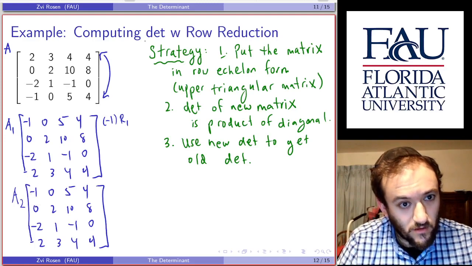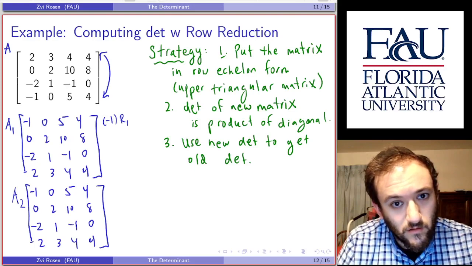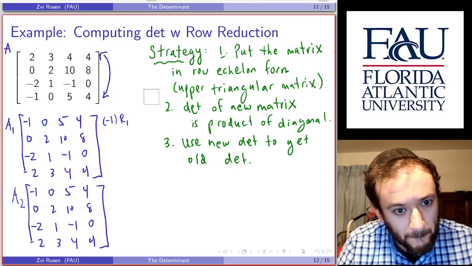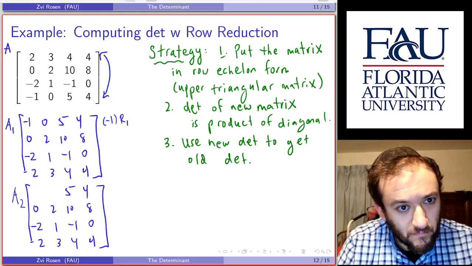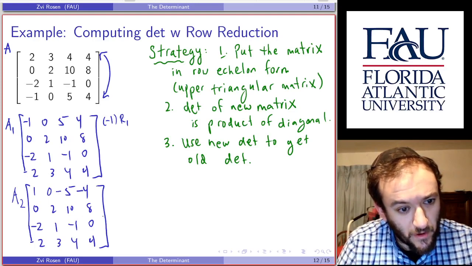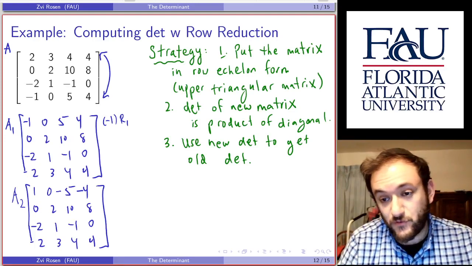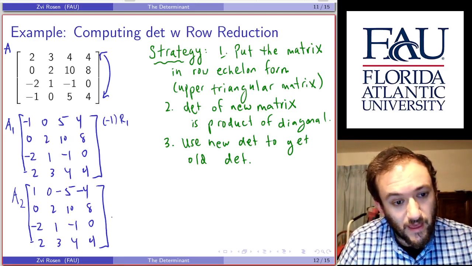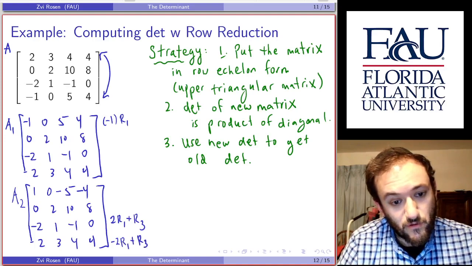Now we have 1, 0, -5, -4. And now, to get the first column to be all zeros, we add twice the first row to the third row and -2 times the first row to the fourth row.